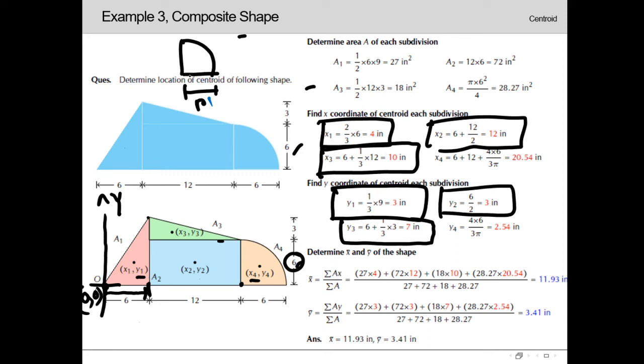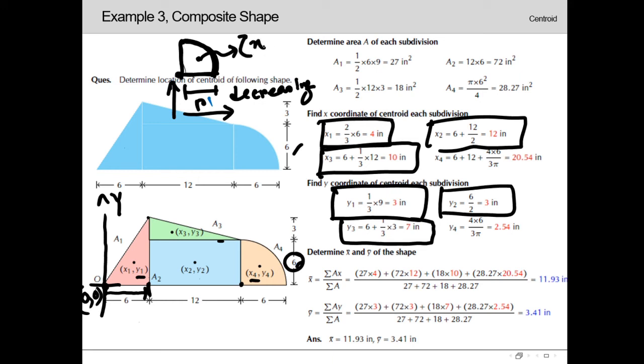So we need to move along the x and y axes. If we start from this point, along the x-axis the total section is decreasing, and along the y-axis also the total section is decreasing.